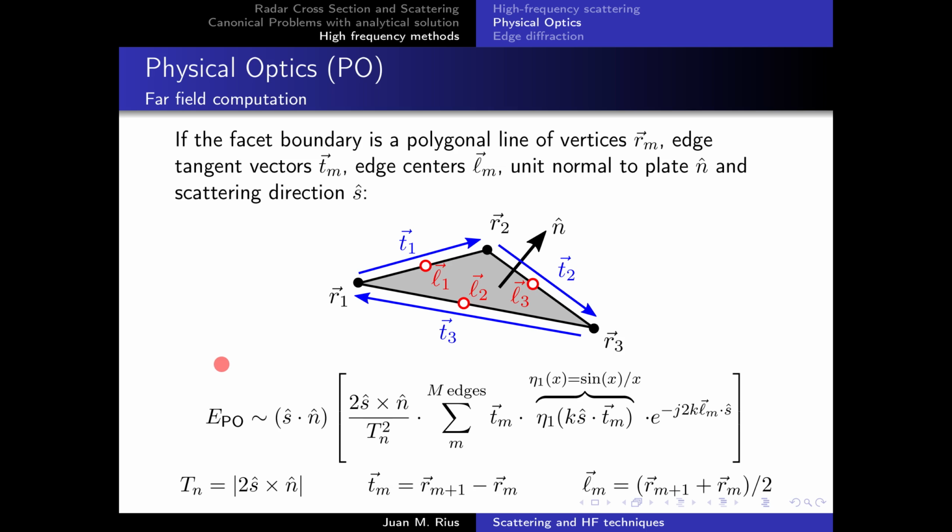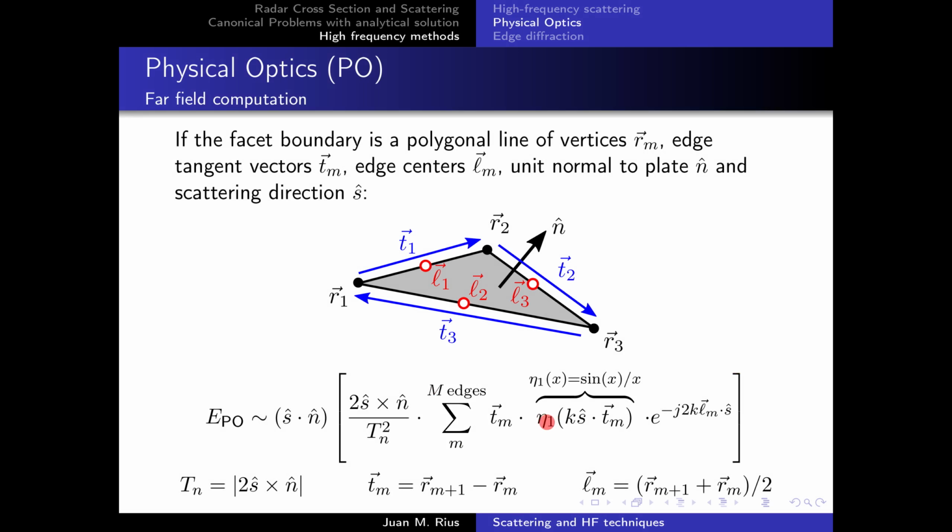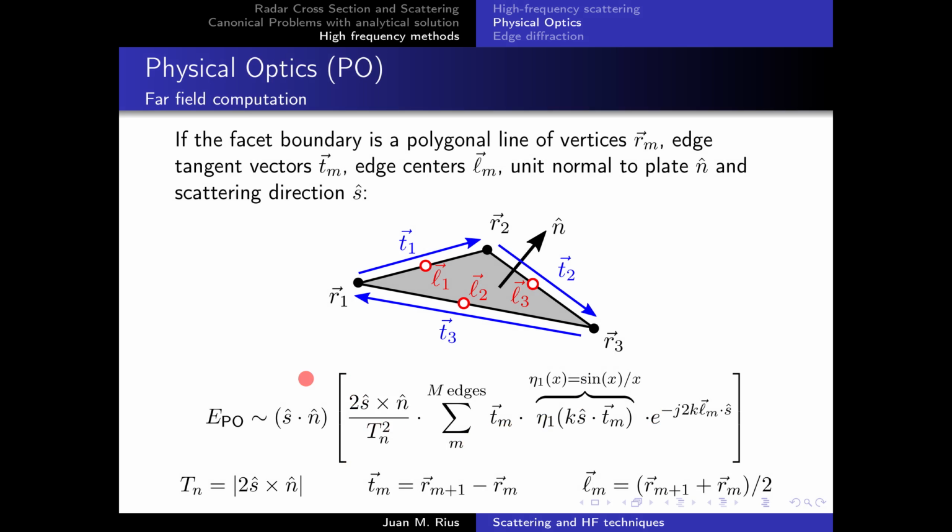So once we have defined R, T, L, etc., we have this formula for computing. This is the integral along each edge, and then we have to sum for all the edges. This eta sub 1 function is just the well-known sinc, okay? And this is a constant that goes out of the summation.